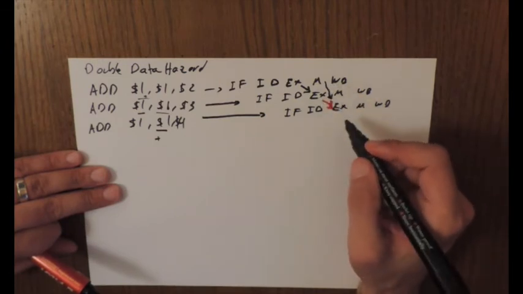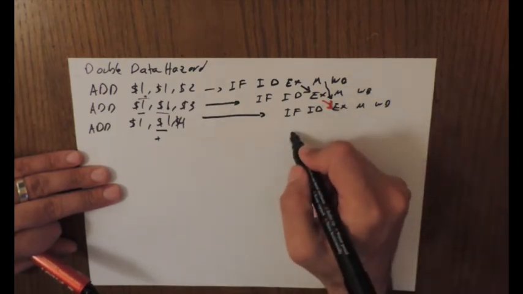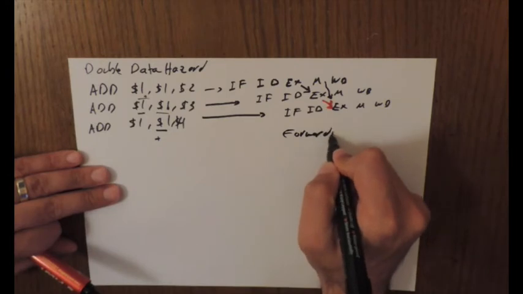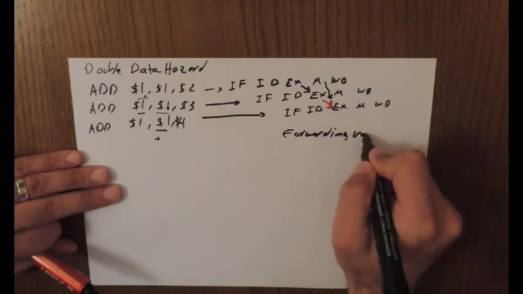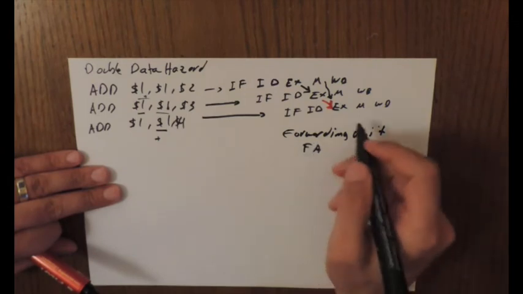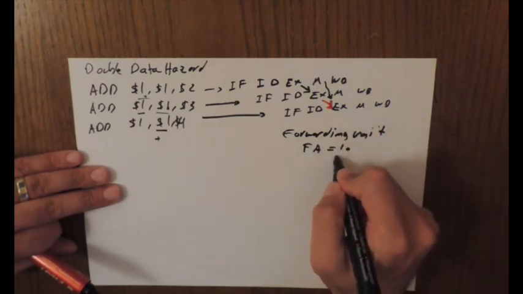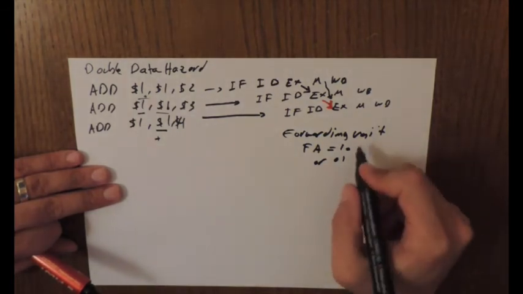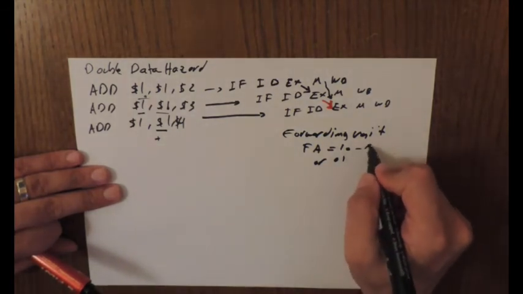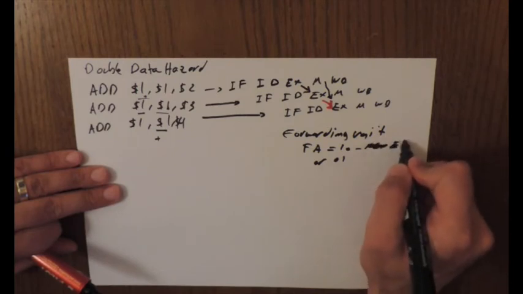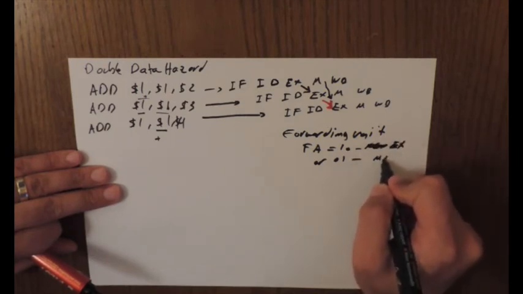However, the forwarding unit will tell me that FA can be 10 or 01. However, this means from the memory. Sorry, this means from the execute, and this means from the memory.